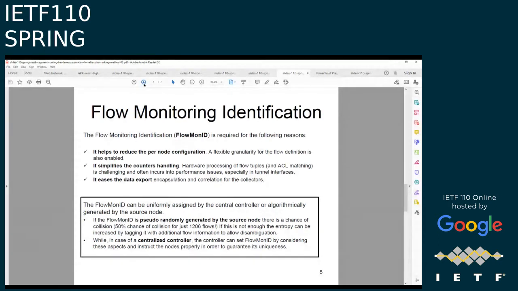So in some cases, this can be a problem, but if this is not enough, you can increase the entropy by tagging with additional flow information. Otherwise, in case of a centralized controller, the controller can set the flow monitor ID and then can consider all these aspects and instruct the nodes properly in order to avoid this ambiguity and to guarantee the uniqueness of the flow monitor identification. So next.